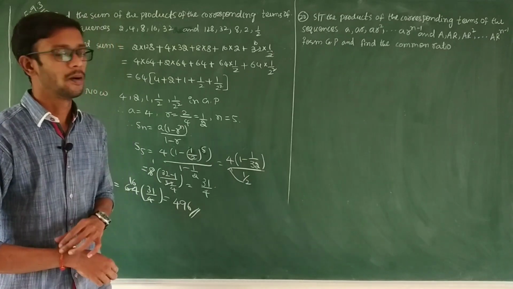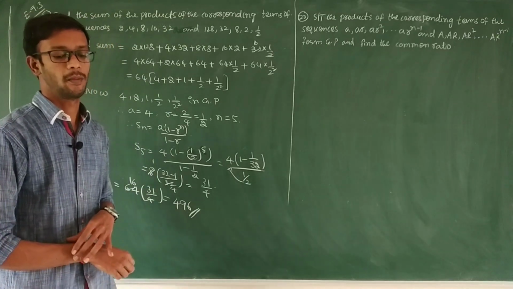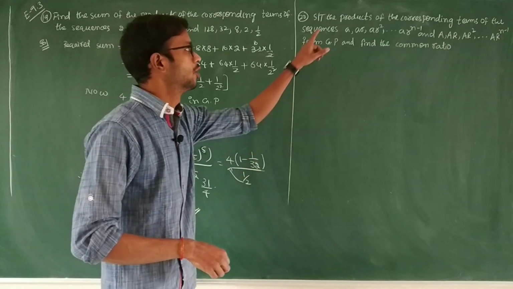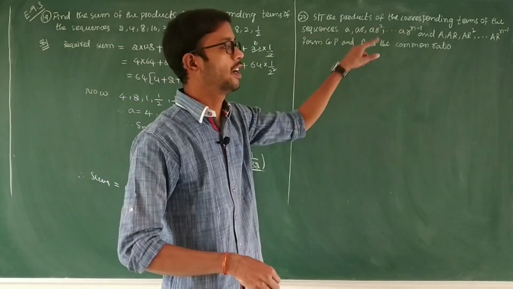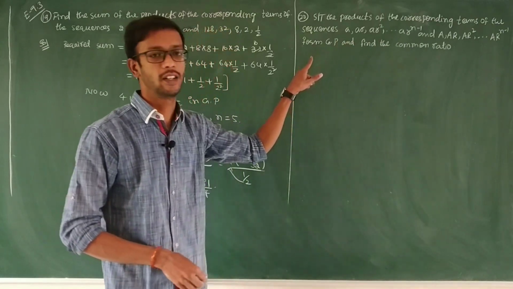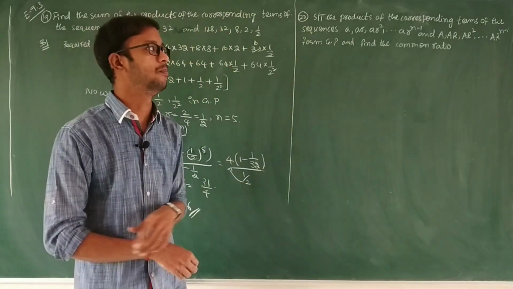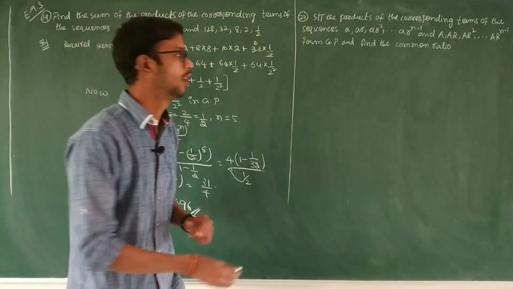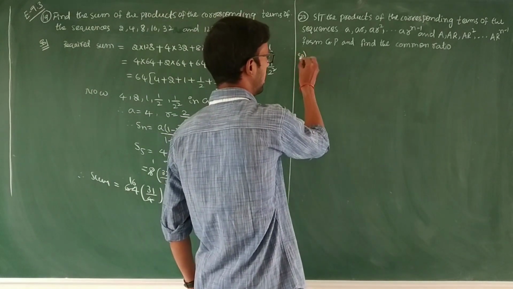So next, problem number 20. Show that the product of corresponding terms of sequences forms a GP, and find the common ratio. So here, I am writing directly.